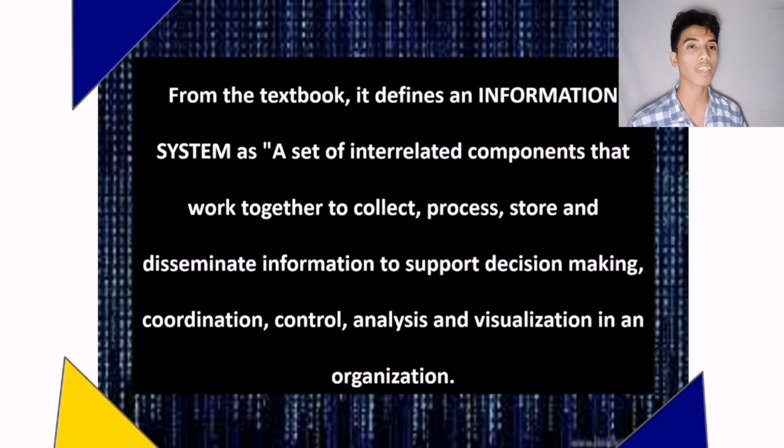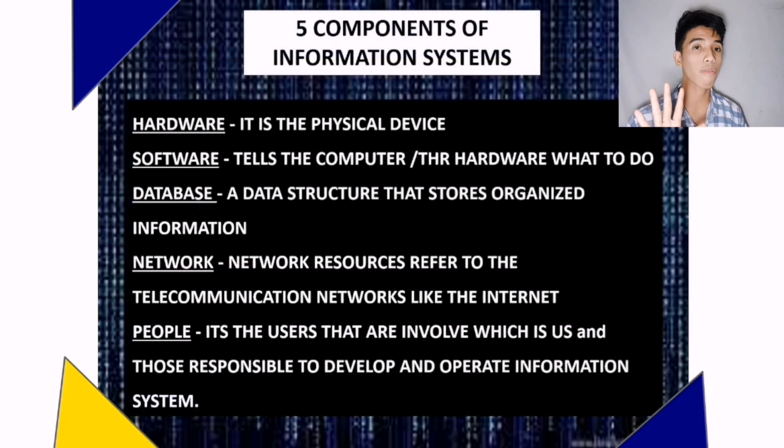An information system is made up of 5 components: hardware, software, database, network, and lastly, people. These 5 components work together to perform the input, process, and output, as in the example earlier. Hardware is the physical device.